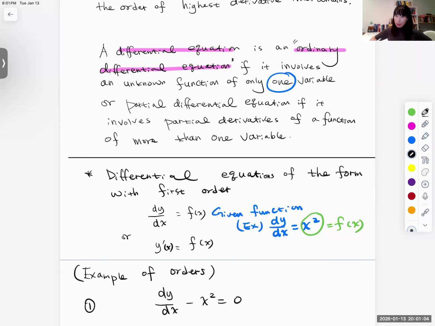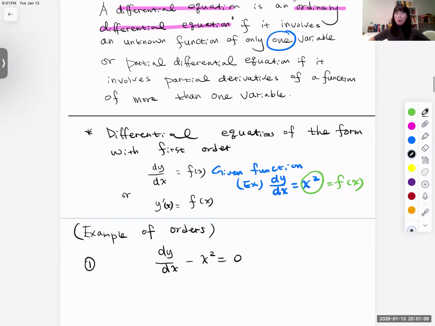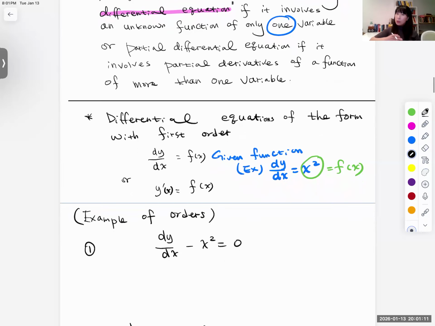Okay. Now let's talk about the example of orders. We talked about orders earlier. So look at the highest derivative, what's the highest? dy dx, the first derivative, right? So that will be first order. Make sense? Okay, so this one we can express as dy over dx equal to x squared, right? So first order.